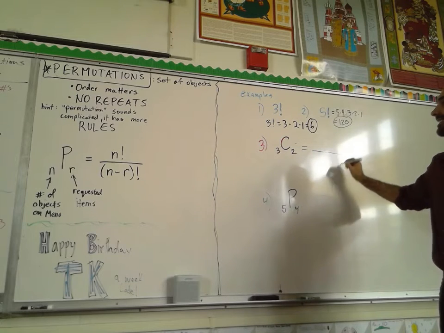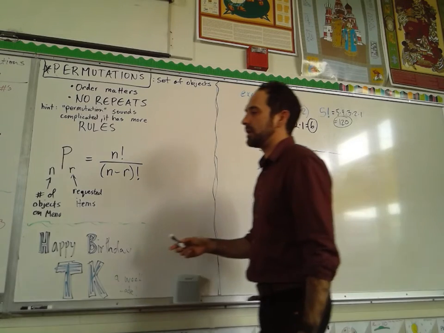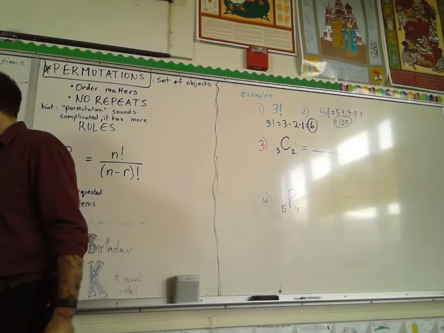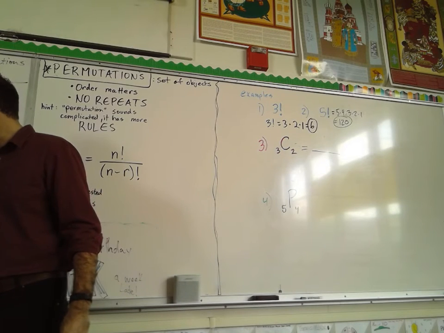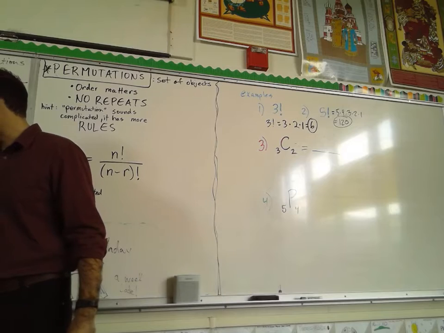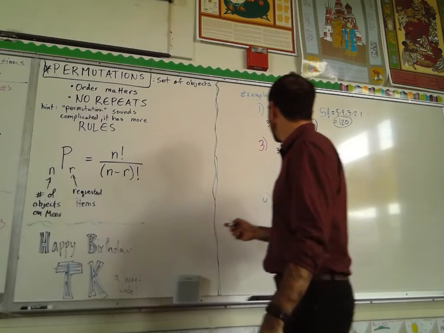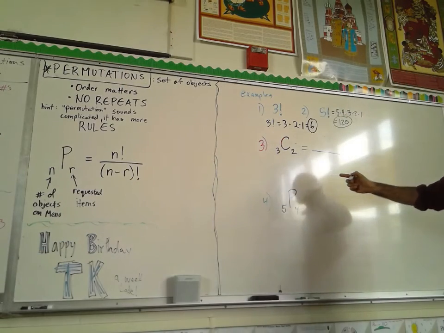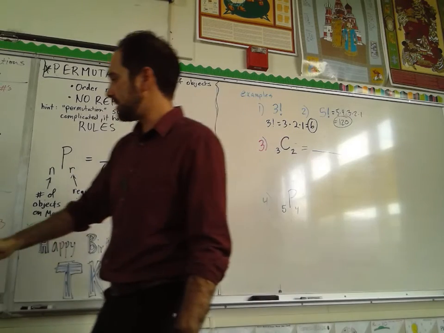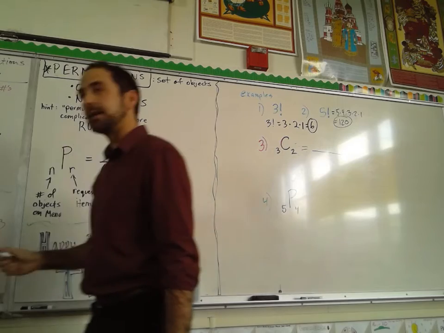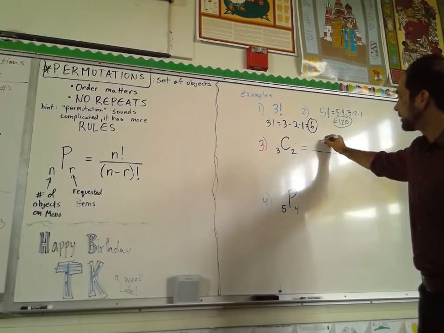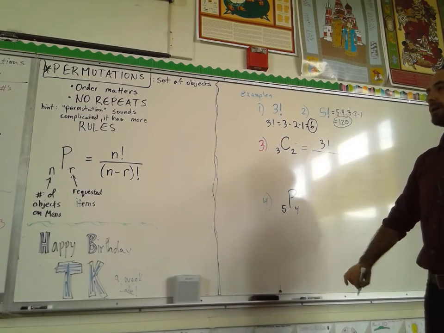All right, so we look real close. Here is our formula. We're going to have this available to you on the quiz. So what should I put on the top as far as a factorial of n? This right here is our n, the number of objects. It goes on top, so we're going to go 3 factorial. And then what's going to go on the bottom?